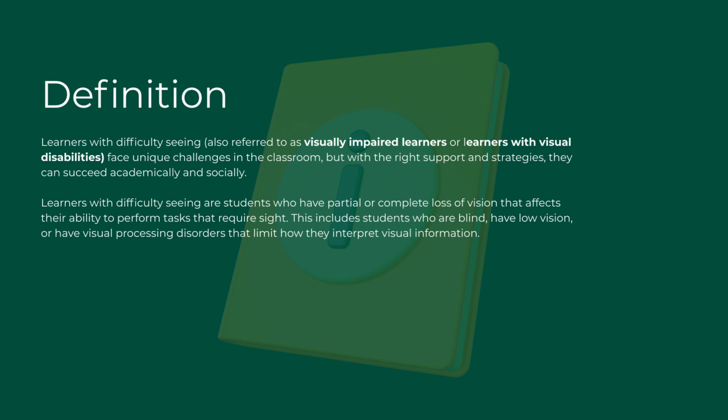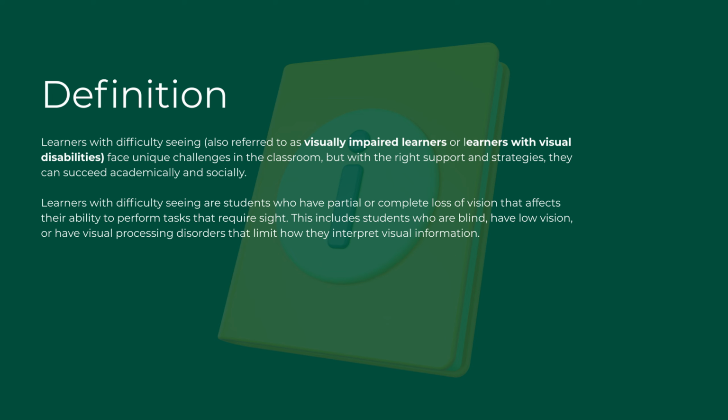So, what are learners with difficulty seeing? Learners with difficulty seeing are also referred to as visually impaired learners or learners with visual disabilities. These students face unique challenges in the classroom, but with the right support and strategies, they can succeed academically and socially.